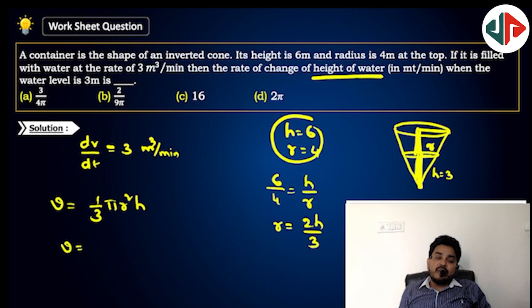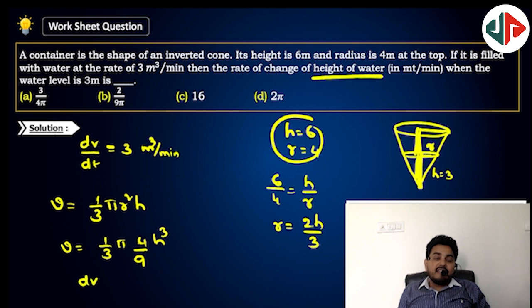So V is equal to 1 by 3 pi r square into h; instead of r square, let me write this value. So what you are going to get is 4 by 9 h square into h cube.